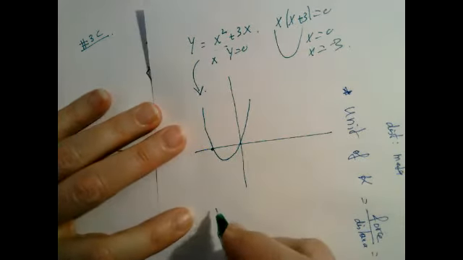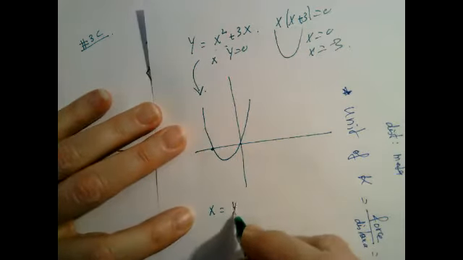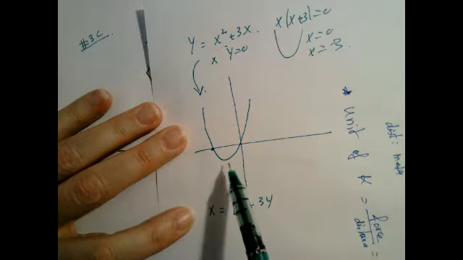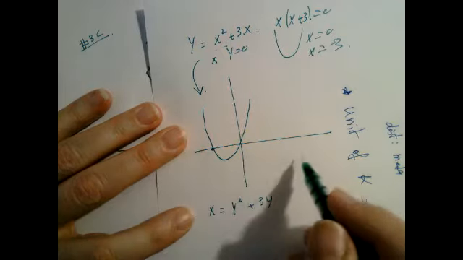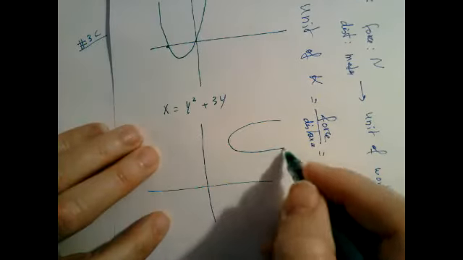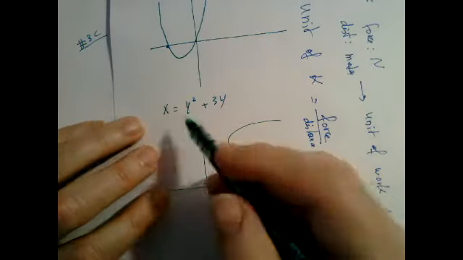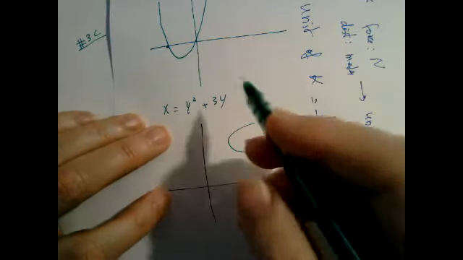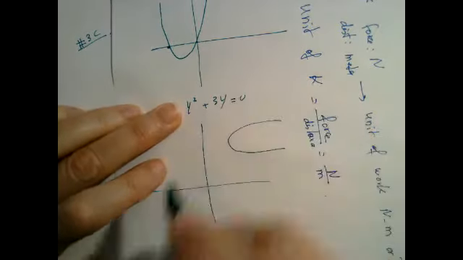Now, if I want to sketch x equal y squared plus 3y, it's actually the same thing. It's a parabola, but instead of going up and down, it goes right and left. And this parabola's opening is to the right. And it's nice to know, like I did here, when does it intersect the y-axis? It means when x equals 0.